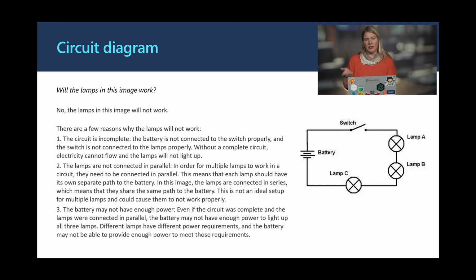Yes, if they are in series like they are right there, if one goes out, they will all go out, much like holiday lights that you put up. But that's more of a best practice. It's not strictly necessary. And then the last one is that the battery may not have enough power, which is also a legitimate thing to consider there. So very interesting analysis, and the fact that it thought of things that I wasn't thinking of was neat.